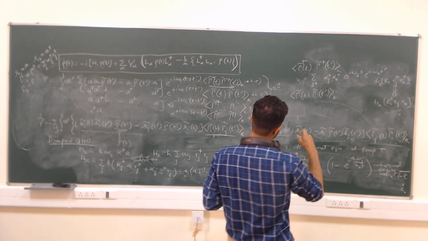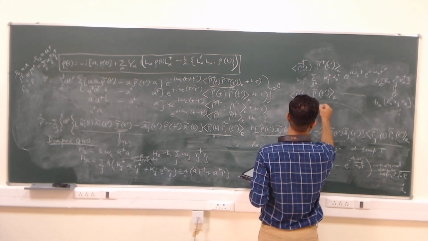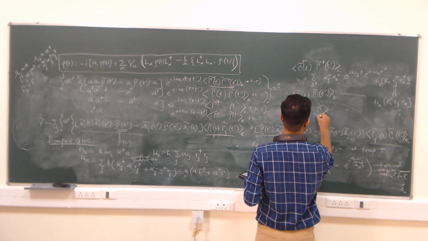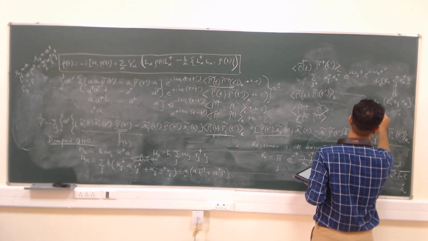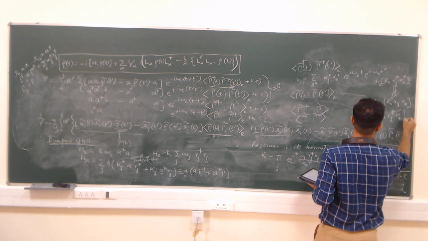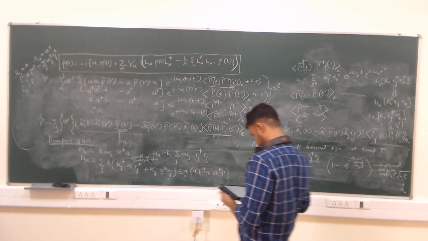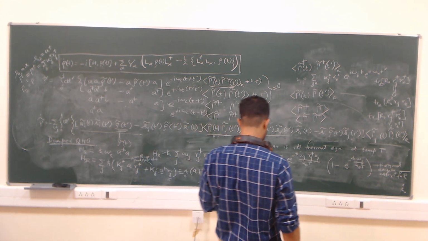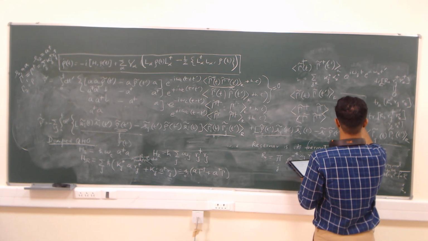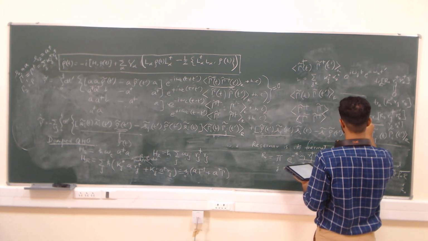They will not contribute. The only terms contributing are where you have either this or this. So basically where you have cases like R0, R_j dagger R_k, or R_j R_k dagger. And in fact, this only contributes this kind of thing, and this contributes something like n plus 1.